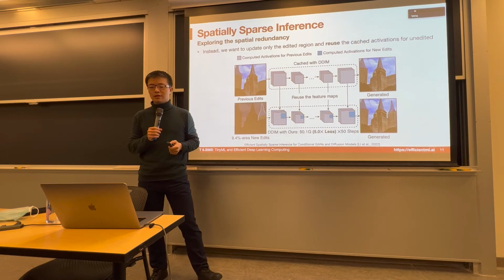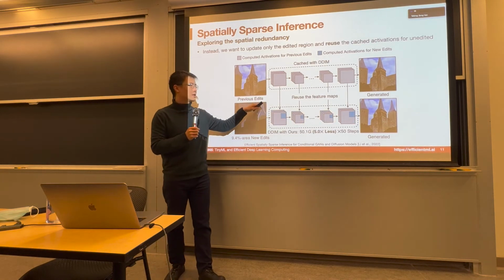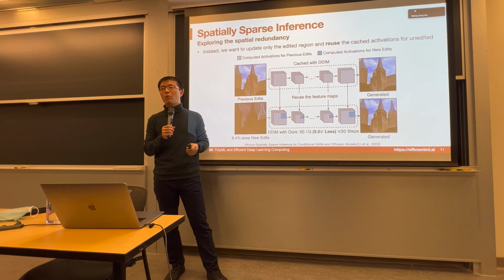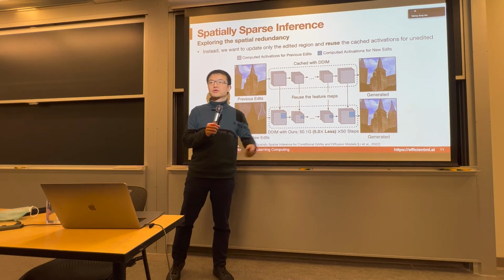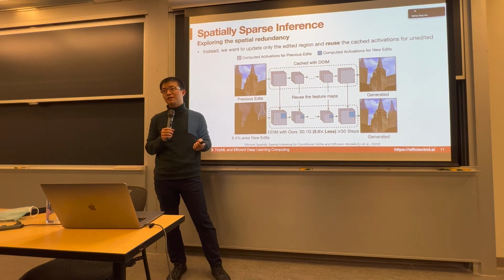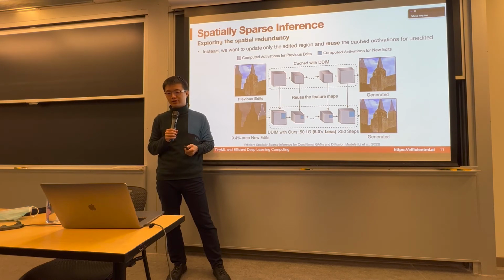So the insight is, since we're only editing a small portion of the image, is it possible to only compute the feature maps corresponding to the edited region, and ignore the computation on the unedited region?